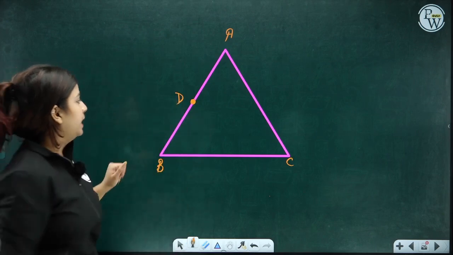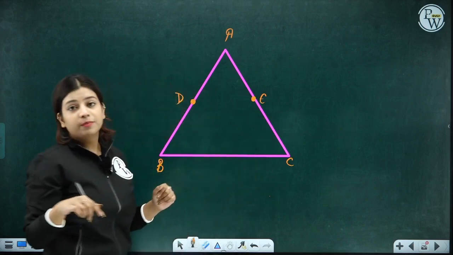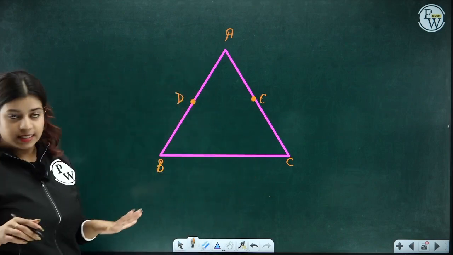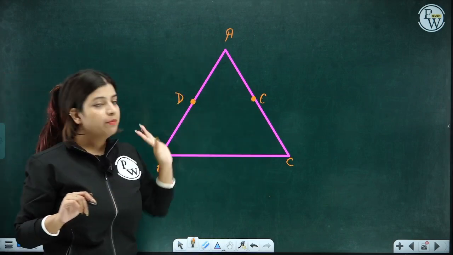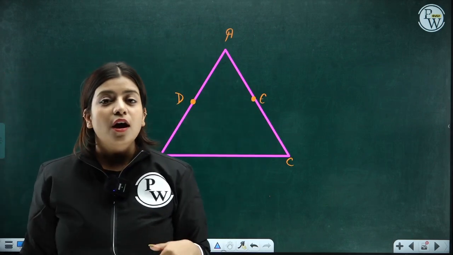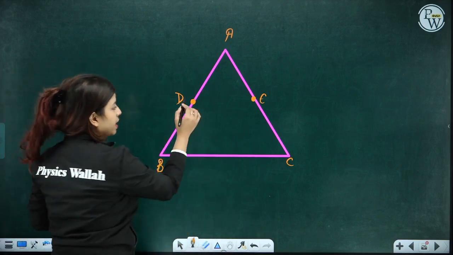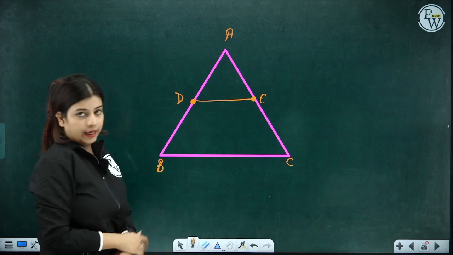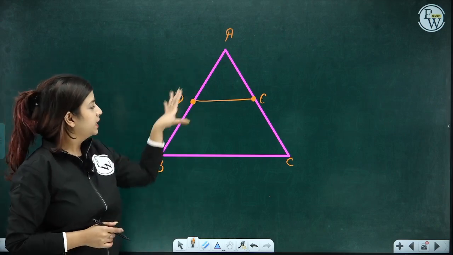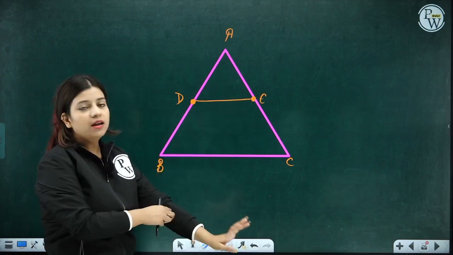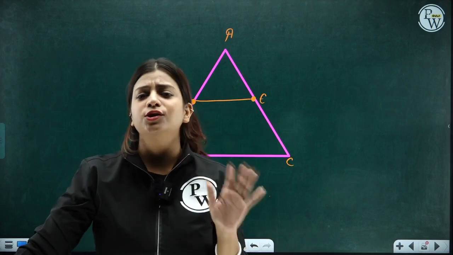For the other side AC, I have again given a point E, and this E is the midpoint of AC, right? D is the midpoint of AB, and E is the midpoint of AC. Now, if I join this point D to E, basically we are given a point D that is the midpoint of AB and a point E that is the midpoint of AC, and we have joined them. They have no relation with BC.